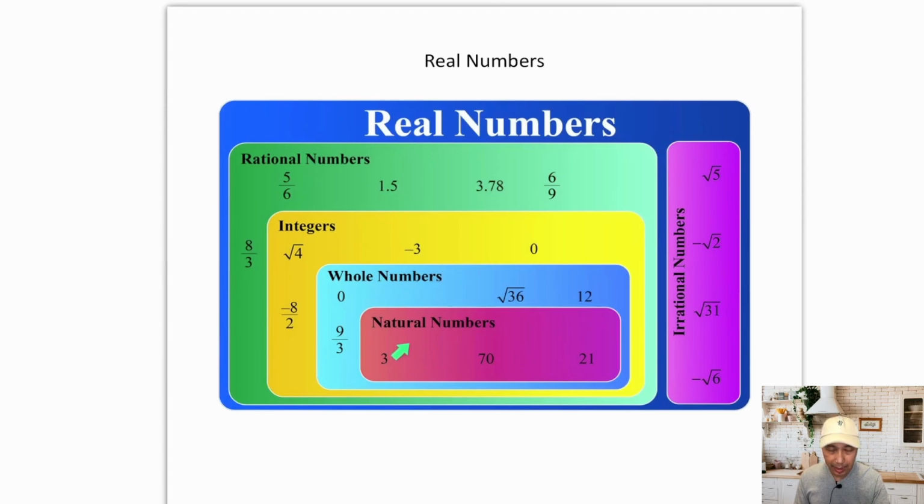Let's also learn about whole numbers, which include natural numbers. The relationship is that whole numbers include natural numbers, and integers include whole numbers and natural numbers. And the other set, rational numbers, includes integers, whole numbers, and natural numbers.